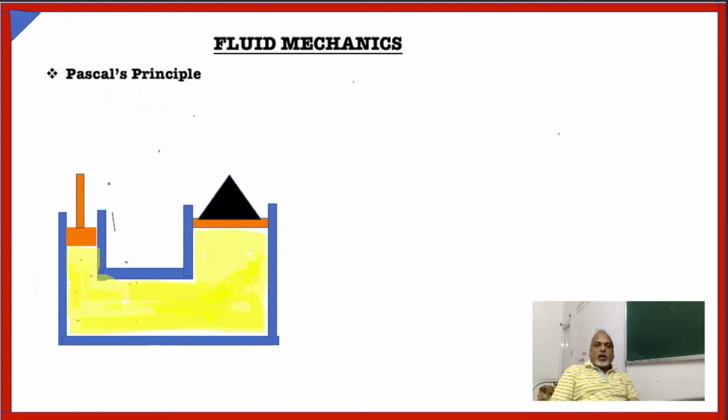This system is called hydraulic machinery. Now by this piston, suppose you are applying a force of F1 and this portion has area A1.